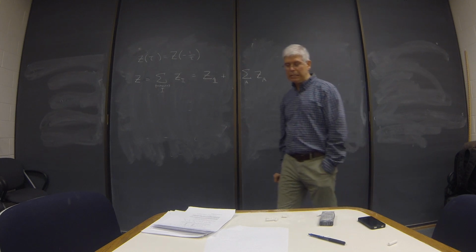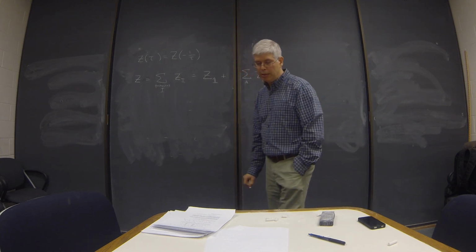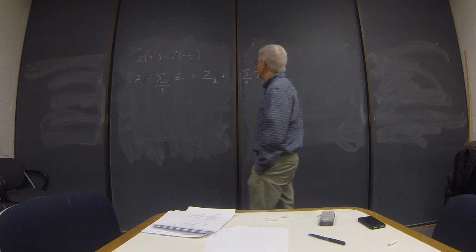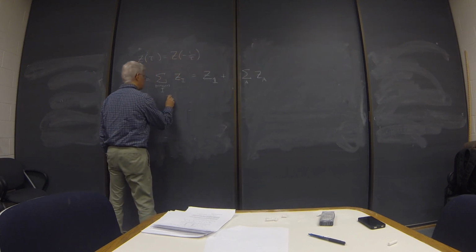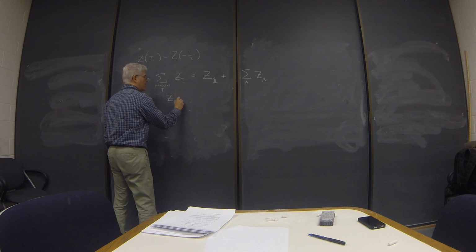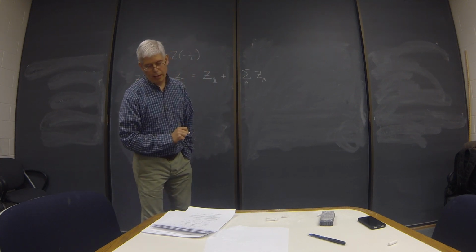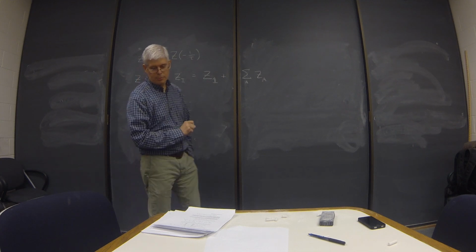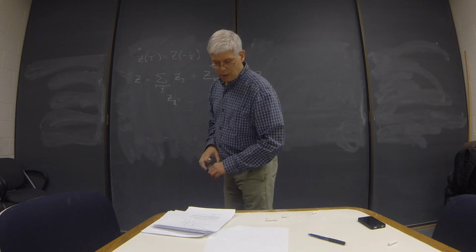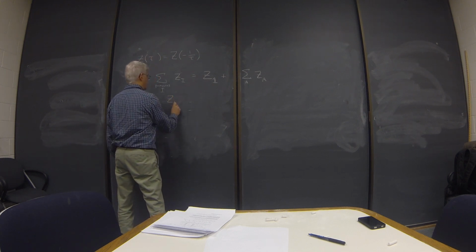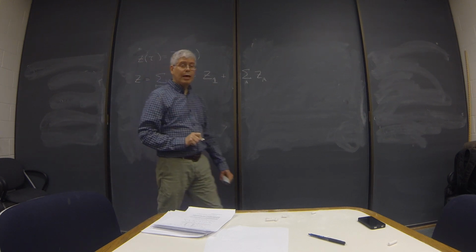The reason I did that is that the identity primary has a slightly different form of the conformal block than the non-identities. Let me first say what the primaries which are not the identity look like.